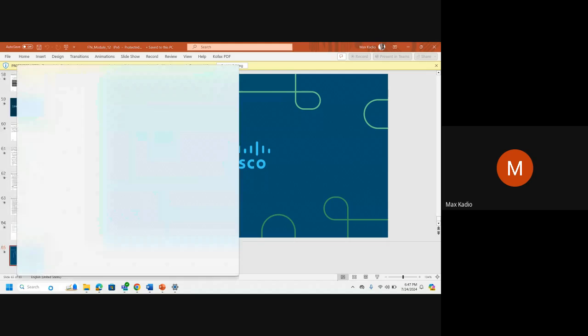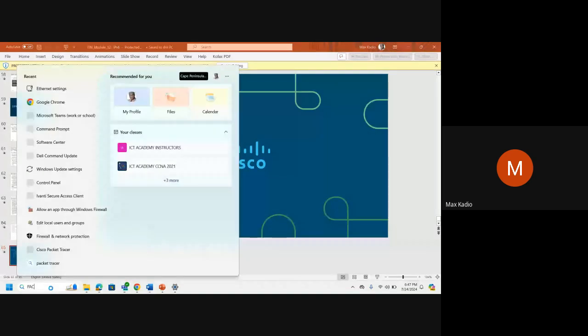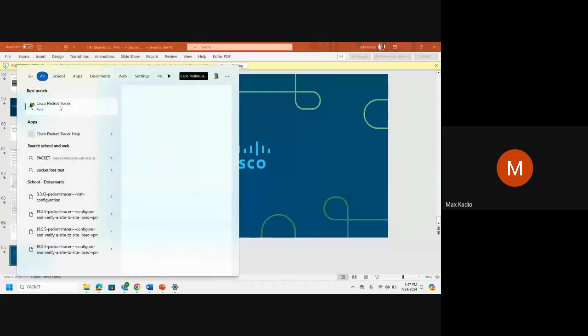Got my Packet Tracer. It's going to open now.